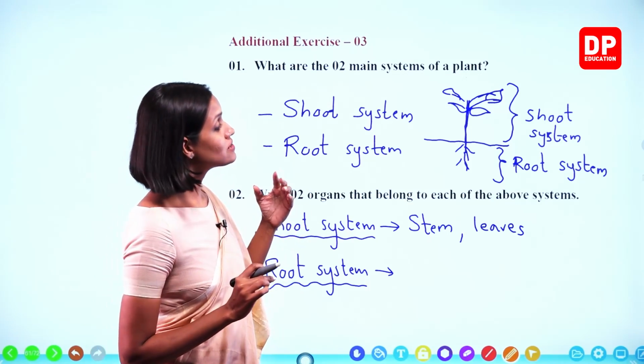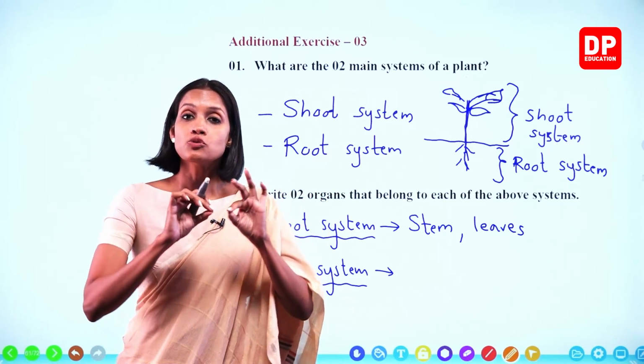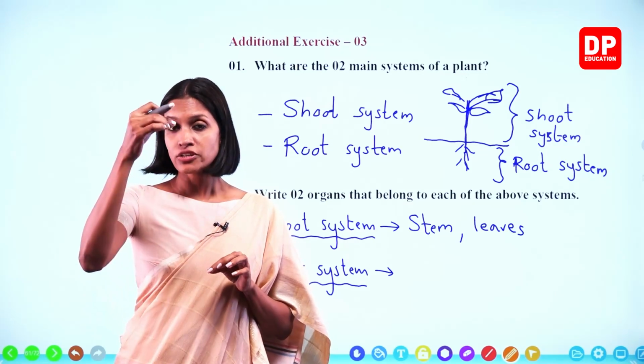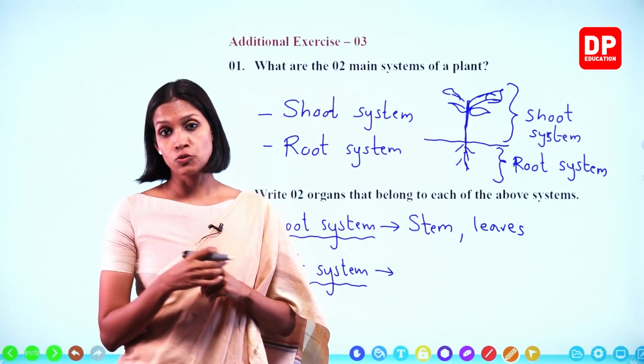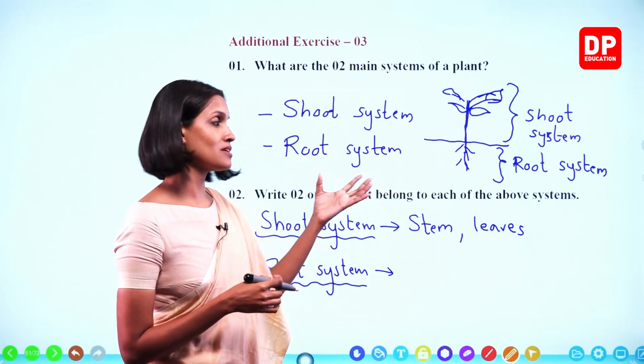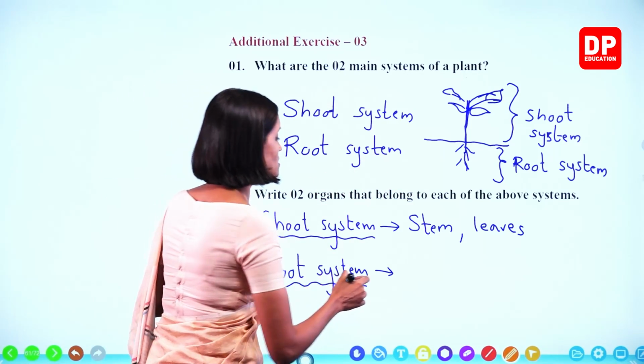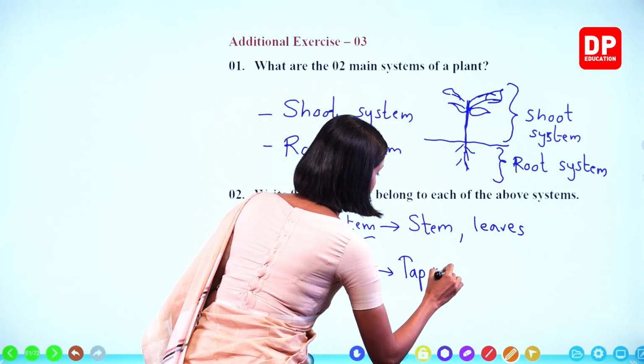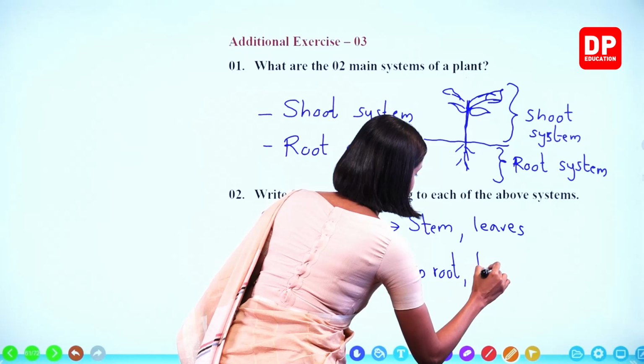But when we consider the taproot system, there are 2 types of roots present, the taproot and the lateral root. So we will consider the taproot system and write the answer. The root system: the taproot, lateral roots.